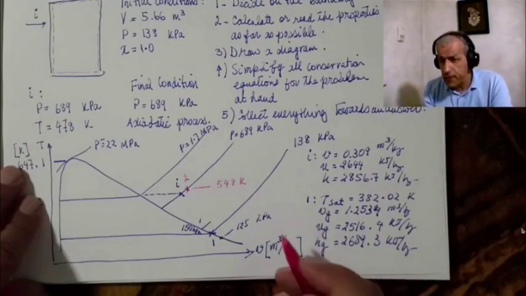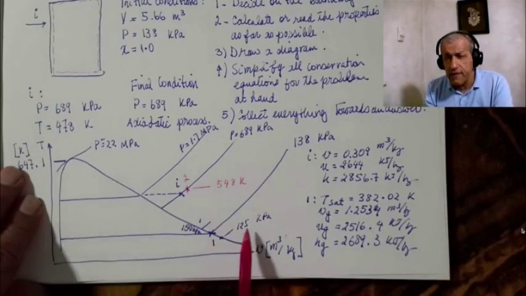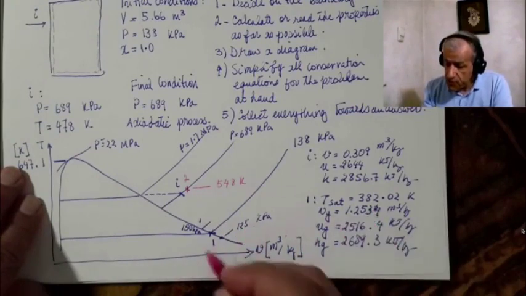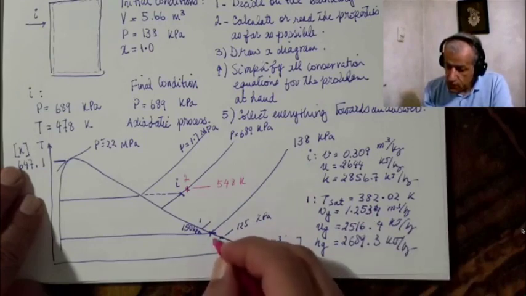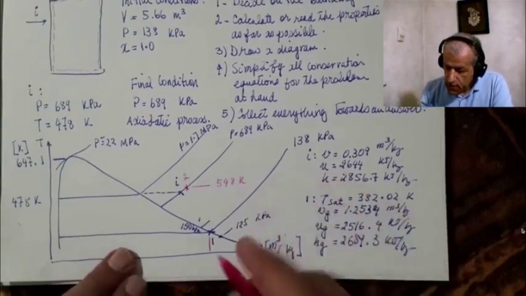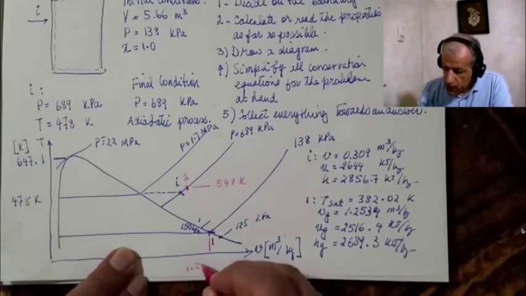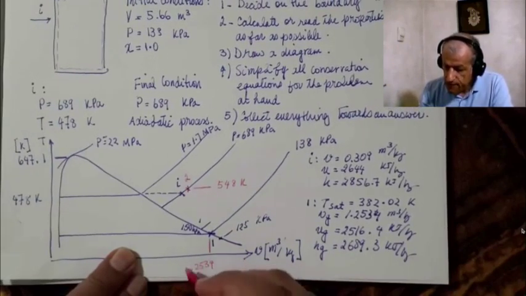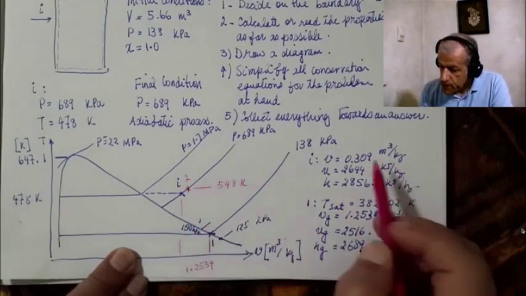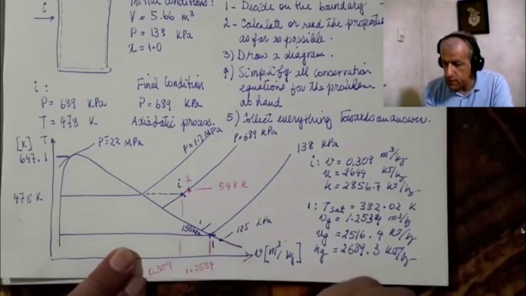Look, please note here, we have to draw this line with very gentle care. Here, Vg is 1.2534. So at this point, the specific volume is 1.2534. What is the specific volume here for point I? It is 0.309.